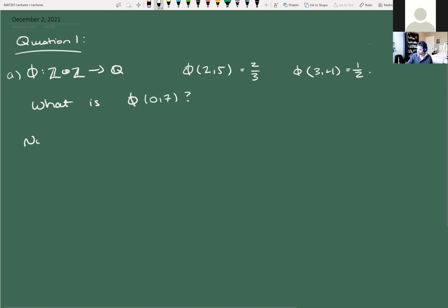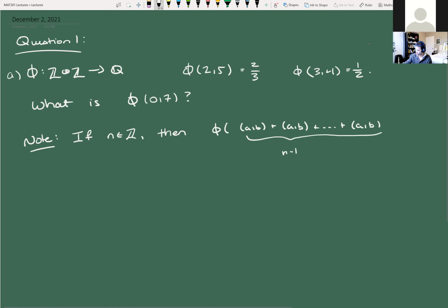But note, if n is any integer, then let me write it like this: I take phi of (a,b) and add it to itself n times. We don't actually need this for the problem, but I think it's a nice, cool thing to think about.